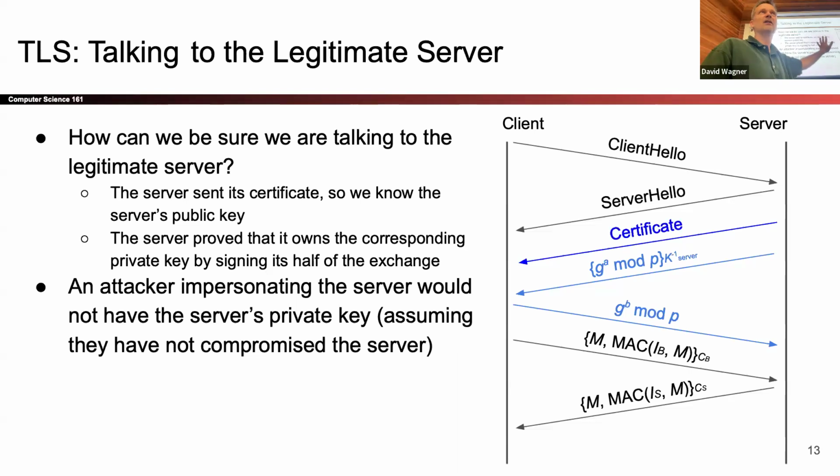That is an optional variant, but the basic protocol does not involve that. So at the end of this, the client knows it's talking to the right server, Amazon. The server doesn't know who the client is. It could be anyone. It's got a secure connection to someone.